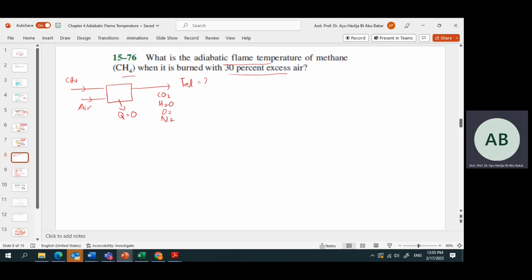The data that you will extract later on will be based on the temperature that you assume. So this one, I assume T inlet to be 25 degrees C.